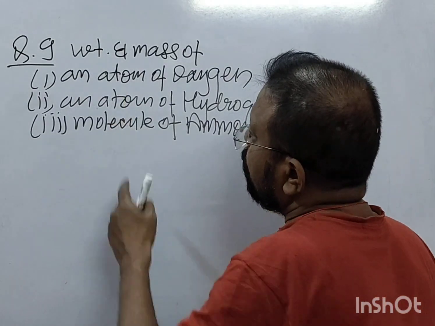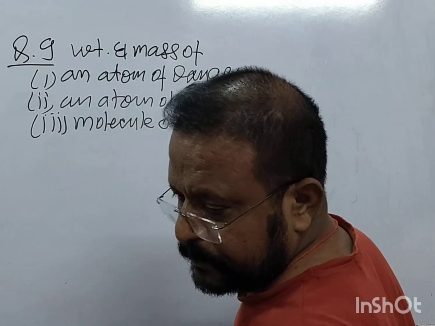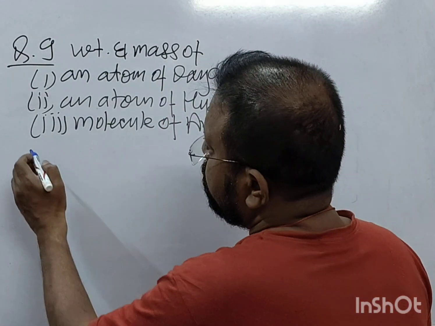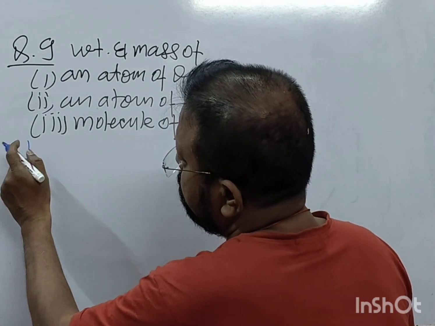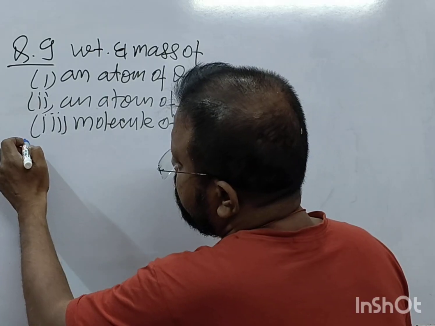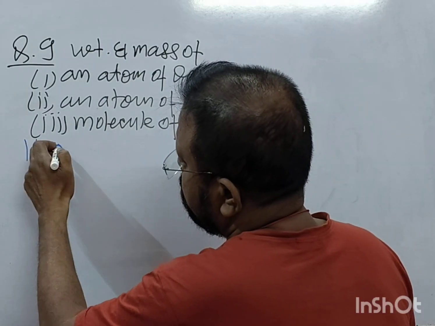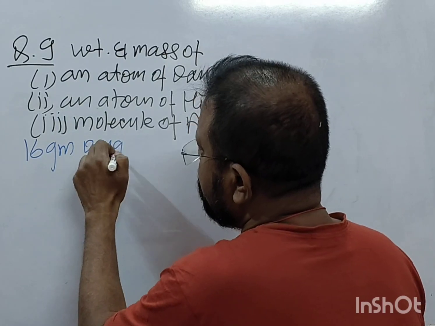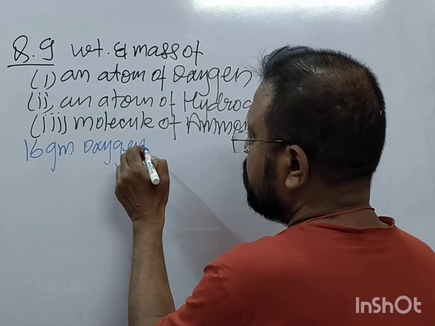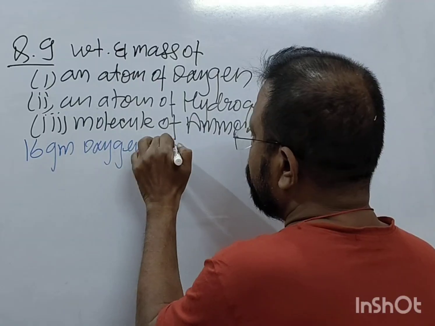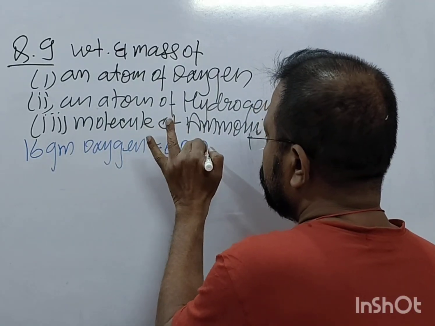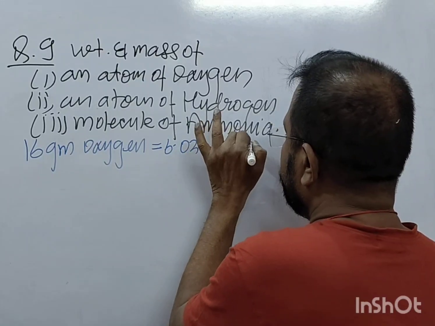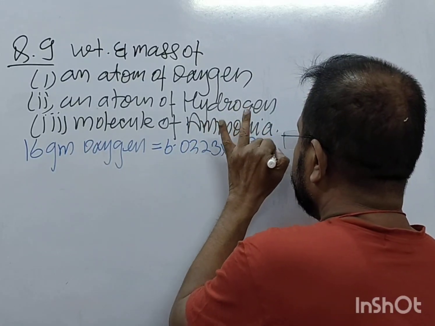Okay. You know, 16 gram of oxygen atom, 16 gram oxygen is equal to 6.0223 into 10 to the power 23 atoms.